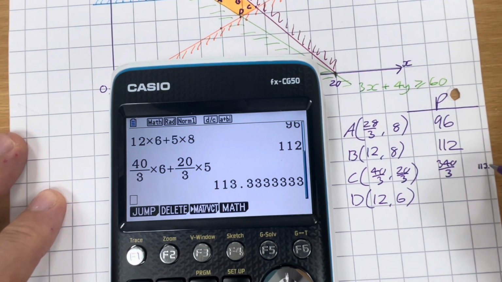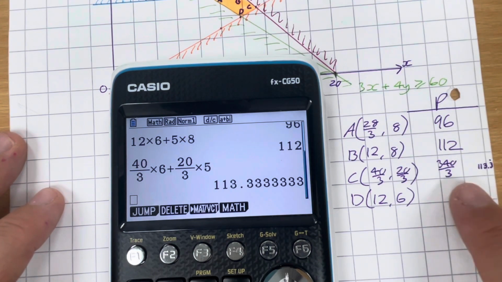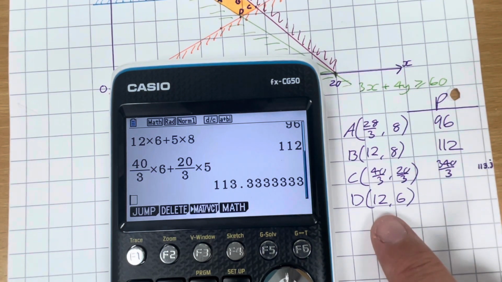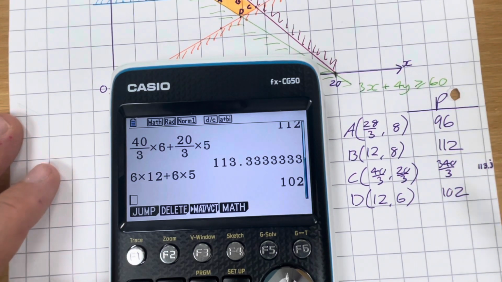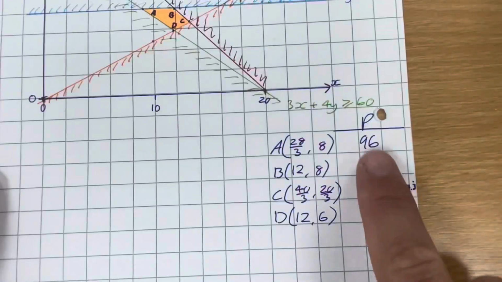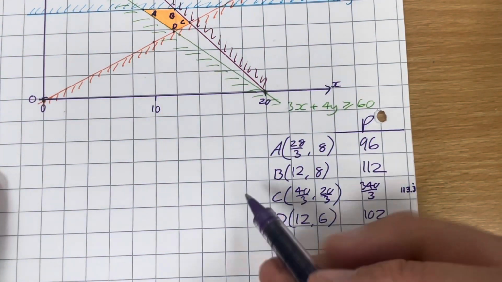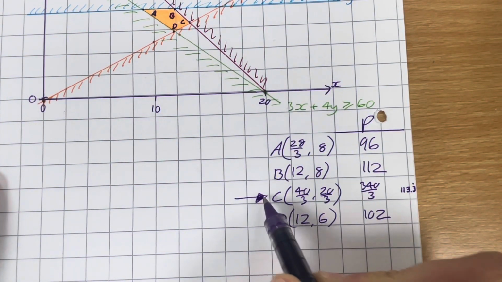That's winning so far. Okay. And then finally, point D, which is going to be 6 times 12 plus 6 times 5. It's 102. Okay, so our objective was to maximise this value of p, so looking at the 4 values of p that we have obtained, this is the biggest.